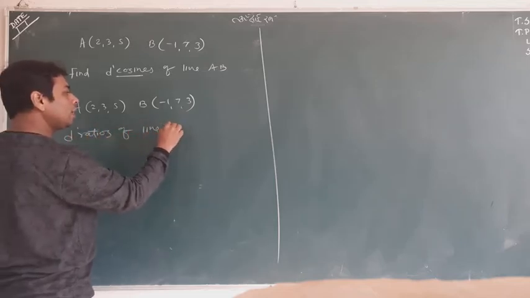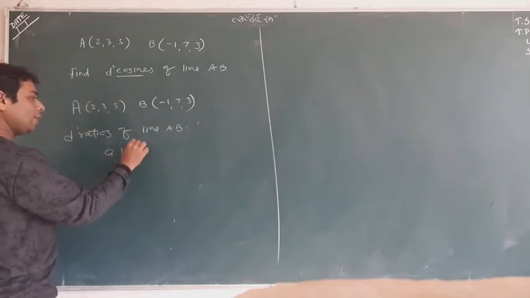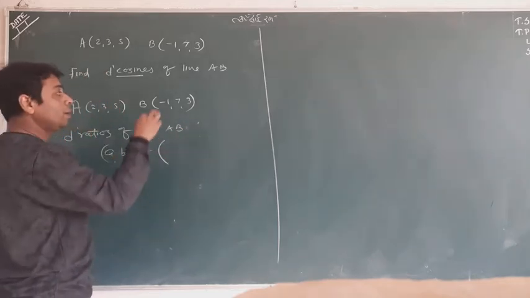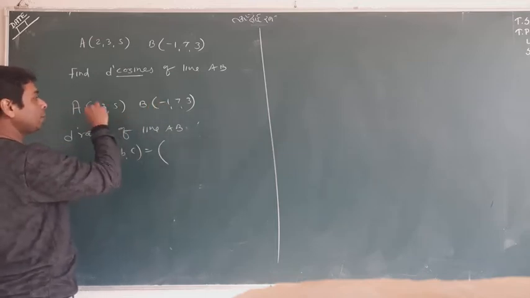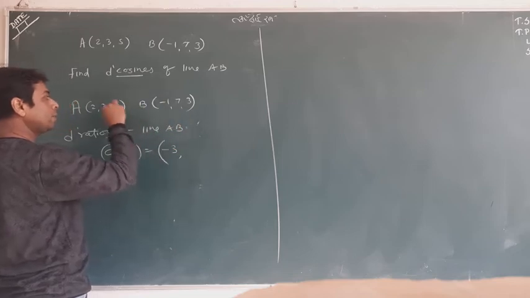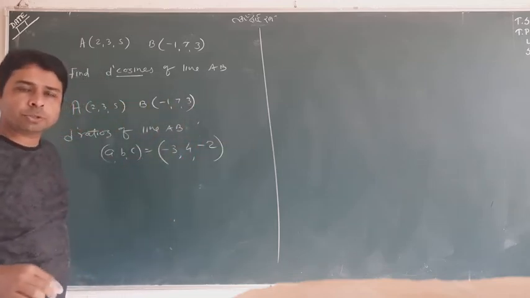How do we find them? Second point minus first point, x2 minus x1: -1 minus 2 is -3, 7 minus 3 is 4, 3 minus 5 is -2.